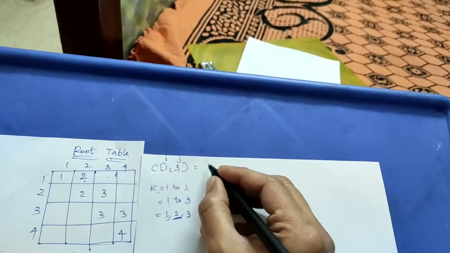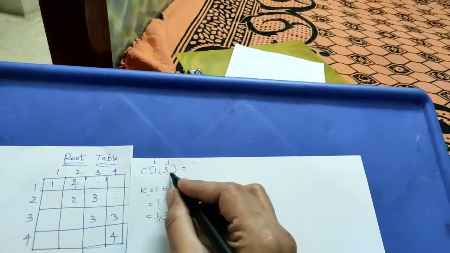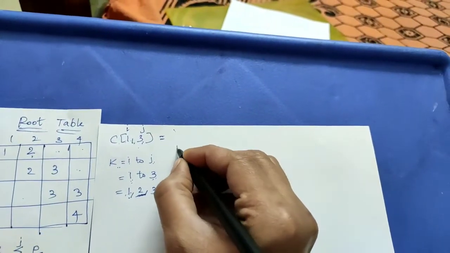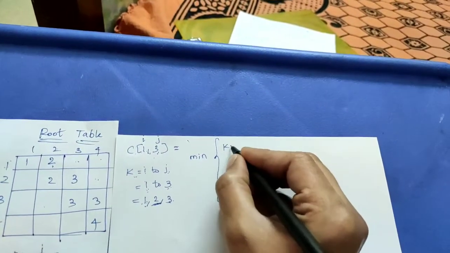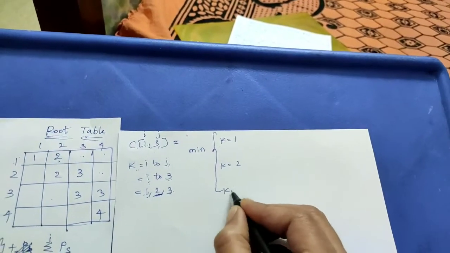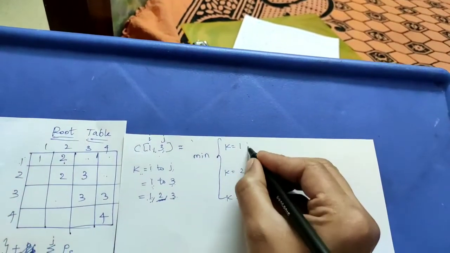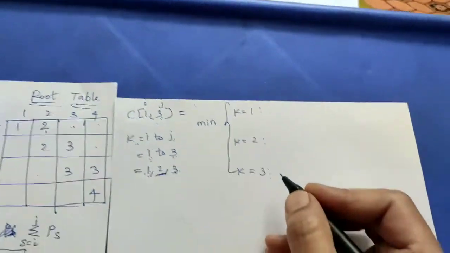Now when you are processing the value of cost of 1 comma 3, you have to find the minimum of 3 values. You have to process k is equal to 1, k is equal to 2, and k is equal to 3. Out of these 3 values you need to find which is the minimum.